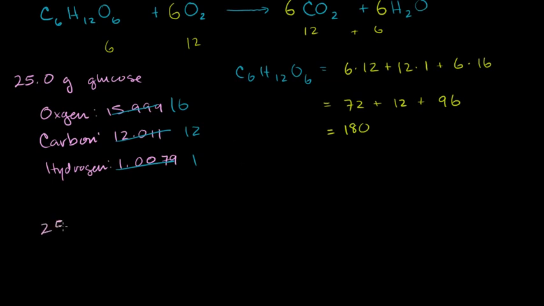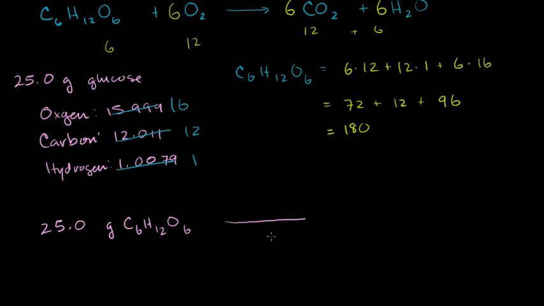We have 25.0 grams of C6H12O6. We want to write this in terms of moles of glucose. So we want to cancel out the grams. So we want the grams in the denominator. Here it's in the numerator. If we divide by that unit, we're going to cancel it out.